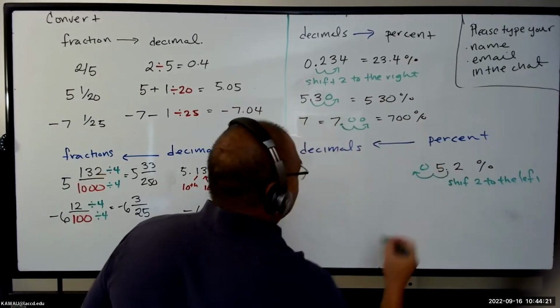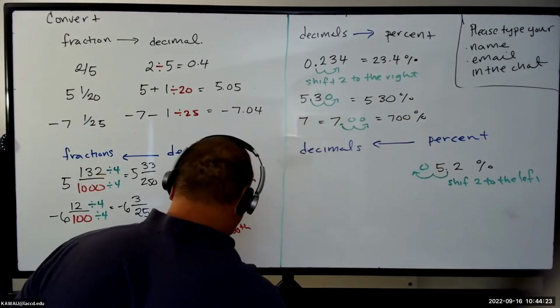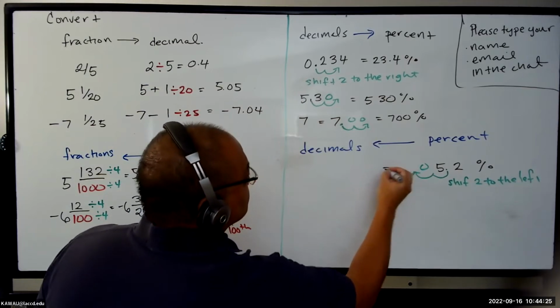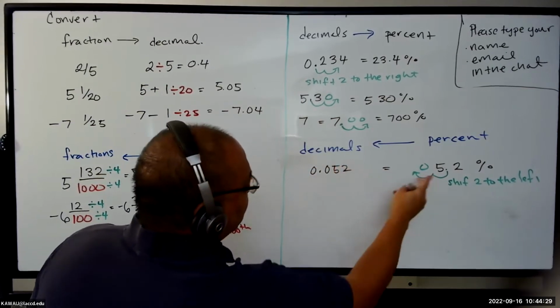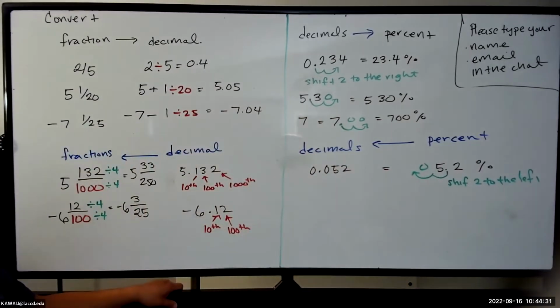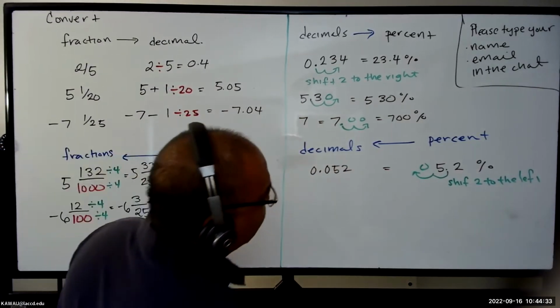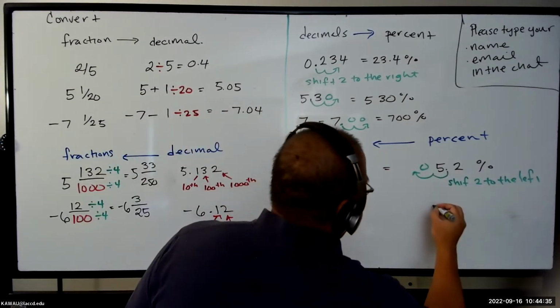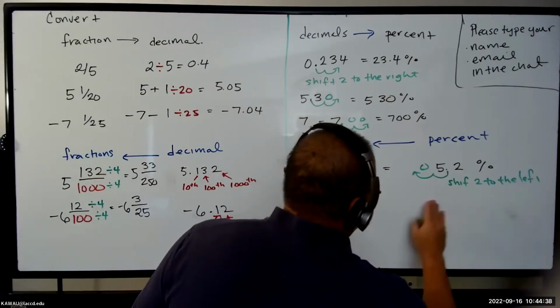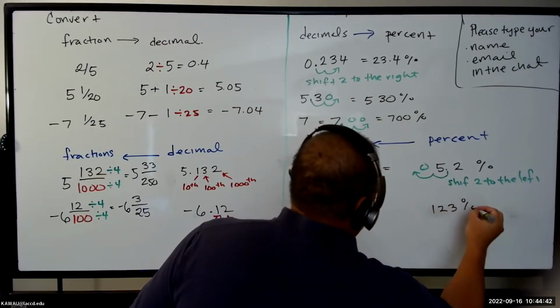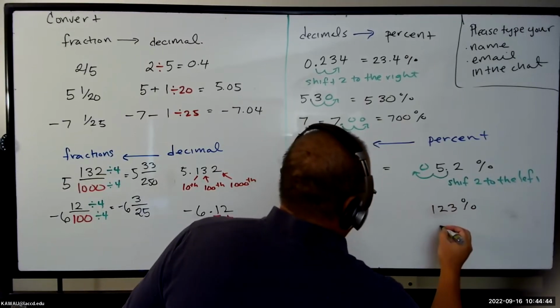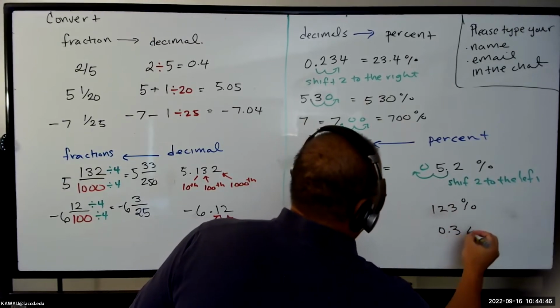And if there is not a decimal there, you want to pad it with a 0. Okay, so go ahead and do 123%, and this do 0.3%.